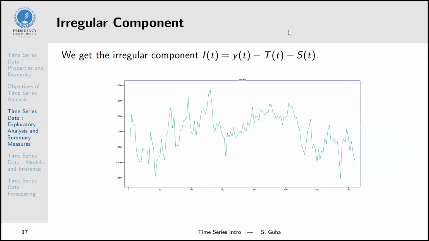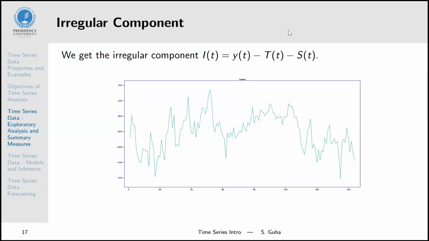We will need to deal with every irregular component of every month, and for every year also. Yes, since you are asking this question, this is very relevant.